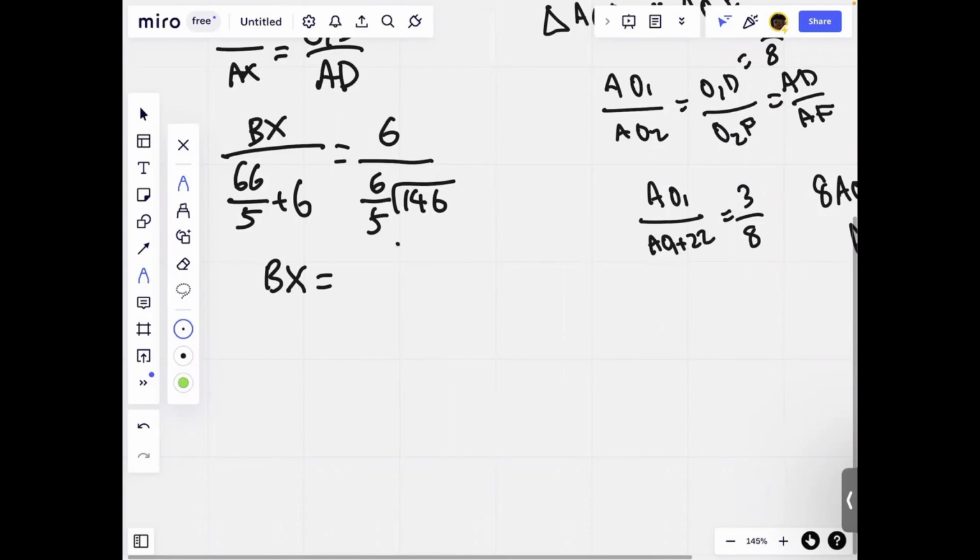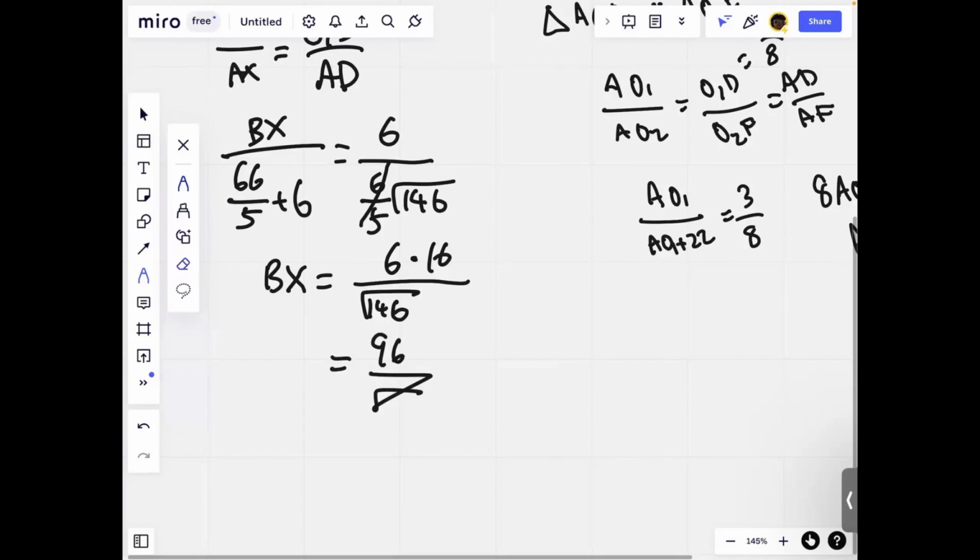So we have 6 over the square root of 146. If you cancel the 6/5, so it's just 6 times 16 over the square root of 146. So this is 96 over the square root of 146.